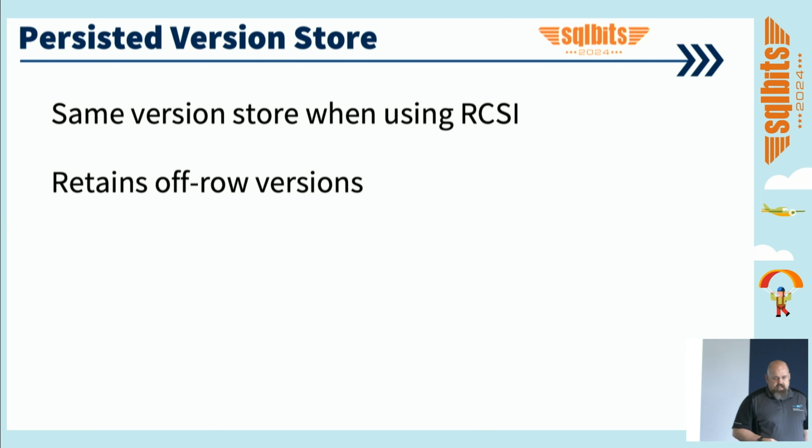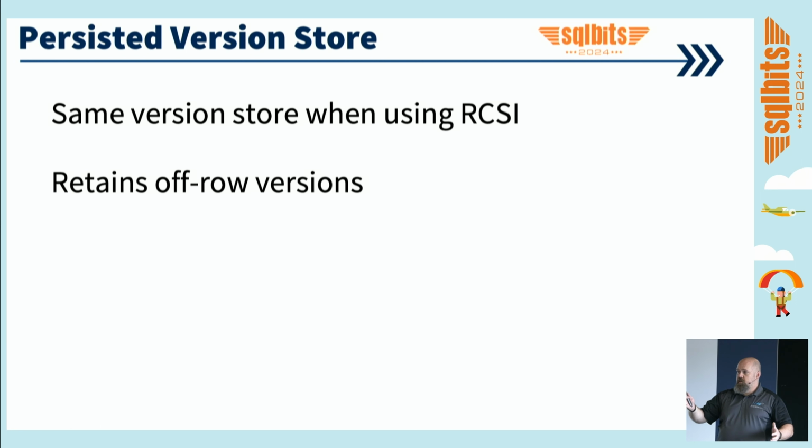Now, what does that mean from a database size? So what happens if you enable read committed snapshot isolation? What's that do to your TempDB? It potentially makes it bigger, right? If you've got 500 databases on your SQL instance and you turn on read committed snapshot isolation for all of them, now we're storing a bunch of versions in TempDB. Now we turn this on, and now we're moving that version store into your user database.